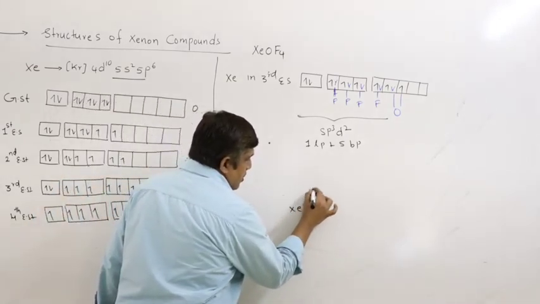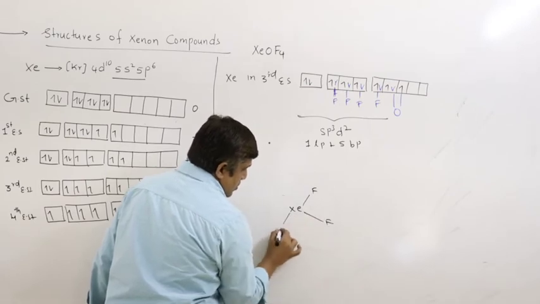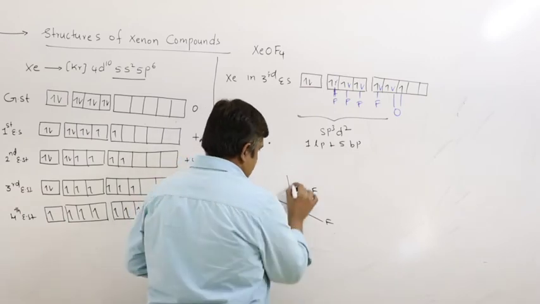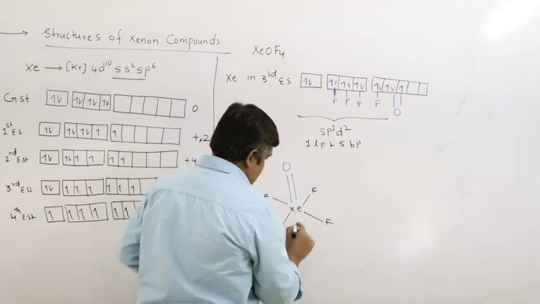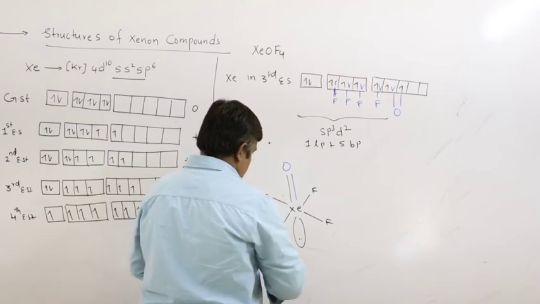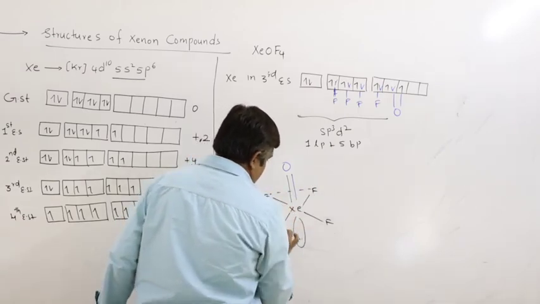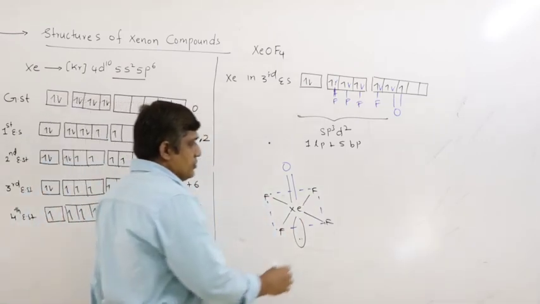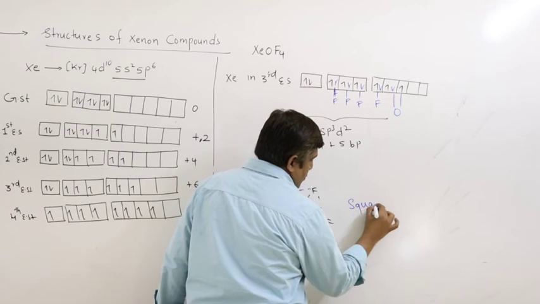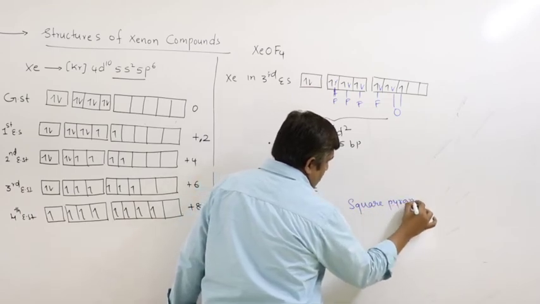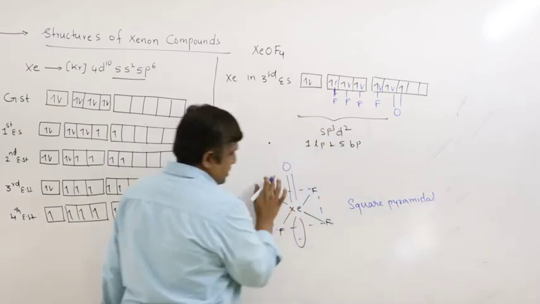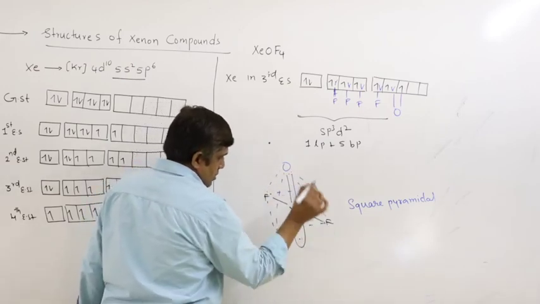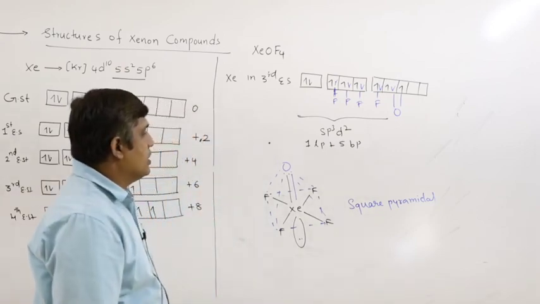Xenon, so the shape is square pyramidal. Oxygen and lone pair are present on opposite sides. So it looks like square pyramidal.